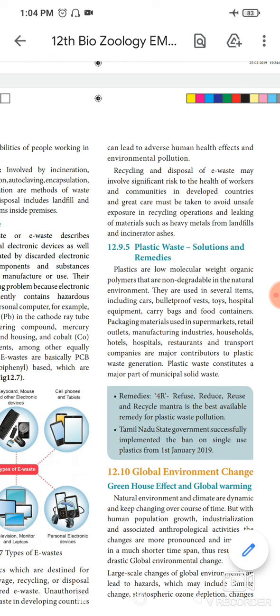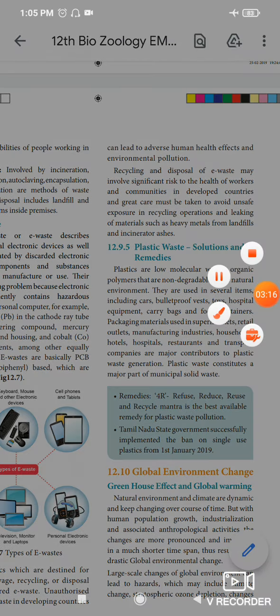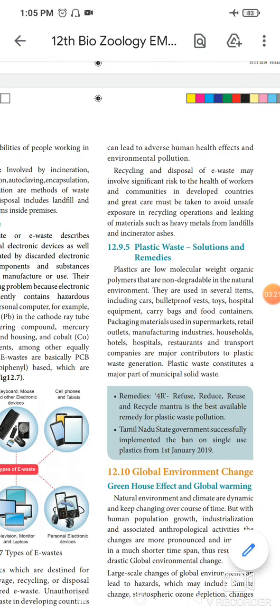Recycling and disposal of e-waste may involve significant risk to the health of workers and communities in developed countries, and great care must be taken to avoid unsafe exposure in recycling operations and leaking of materials such as heavy metals from landfills and incinerated ashes.